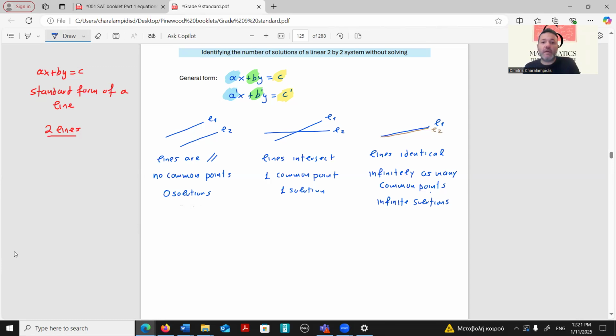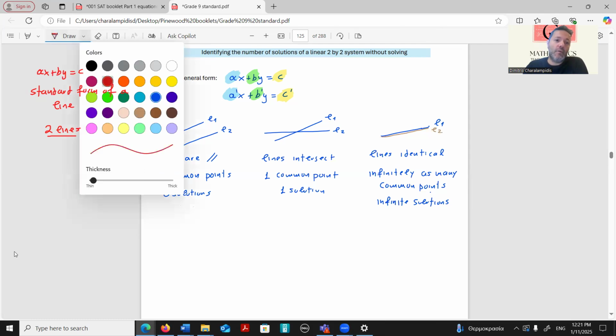So in general, when we have a linear 2x2 system of two equations with two unknowns, we expect that we should either have 0 solutions, no solutions, or one unique solution, or infinitely many. Now, the question remains, how can we test that without the need of solving it? Well, like I said in the beginning, we will have to play with these values a, b, c, and their primes.